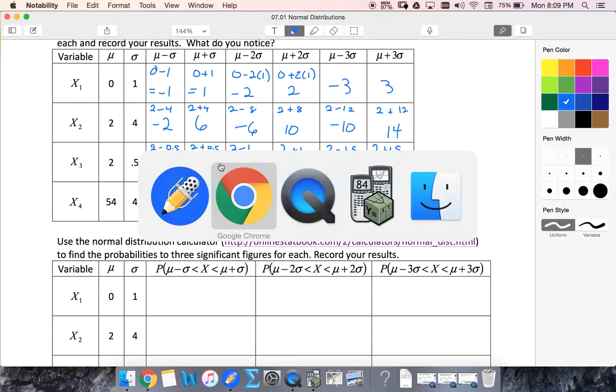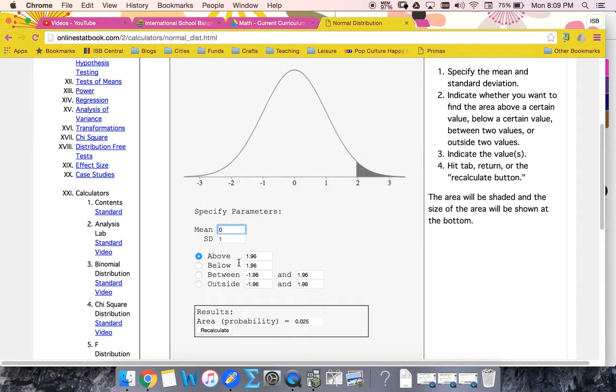So those values were negative 1, 1. So 0, 1 between negative 1 and 1. So I'm going to hit recalculate. Oops, click on between. All right, so here is my area, my probability, 0.6827.